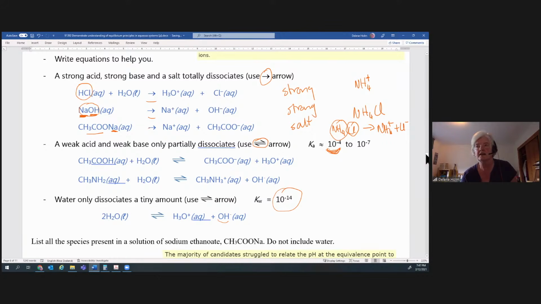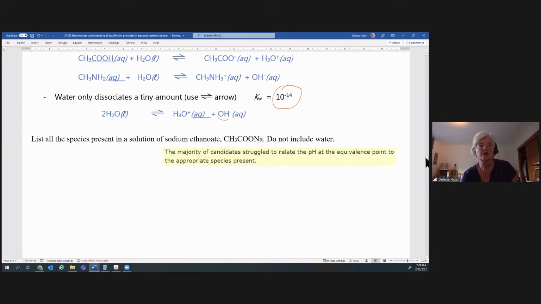So here is, for instance, an example. So when you get given a salt, and I recognize this as a salt because I've got a metal and a non-metal, so the first thing you do is you write your straight arrow because it's a salt and I haven't added water, okay, because it's just straightforward.